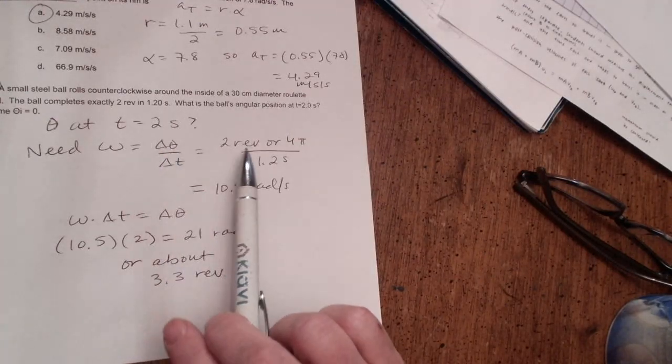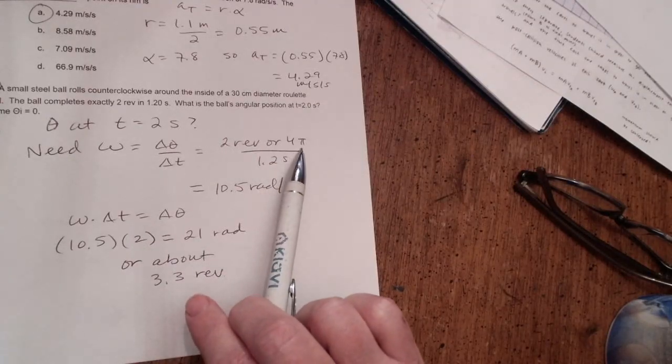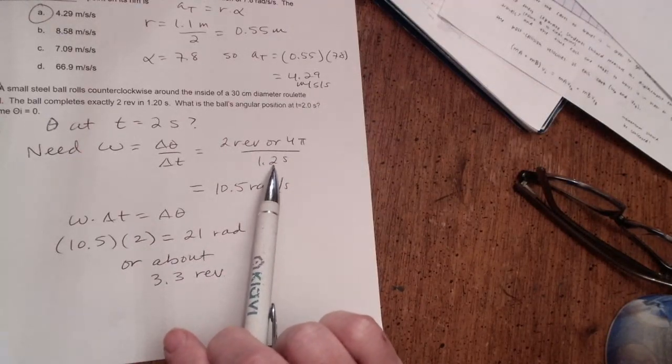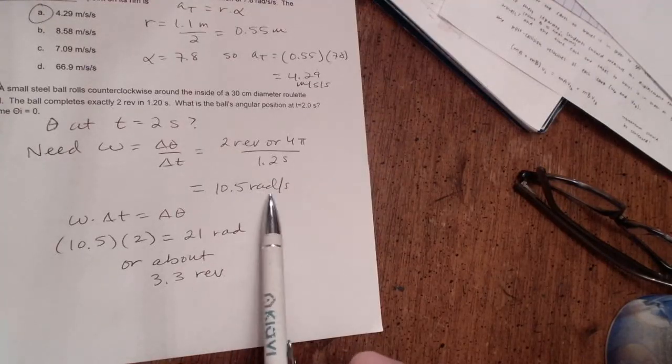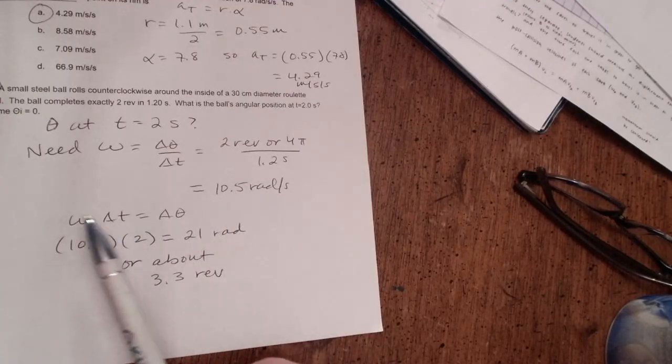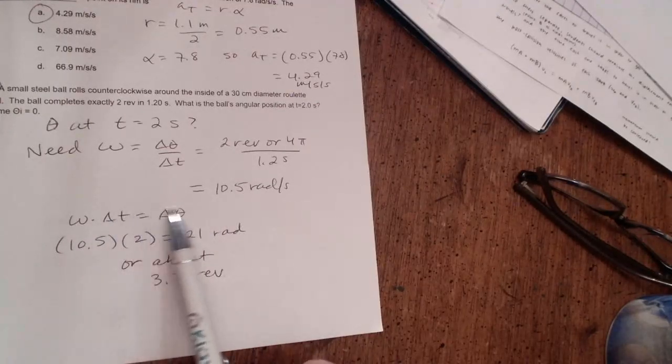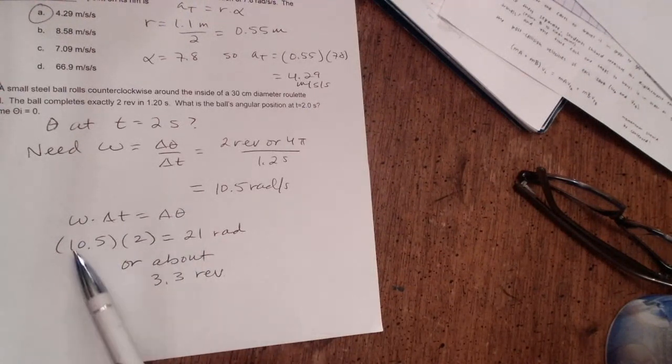So we're given 2 revolutions, which is 4 pi, per 1.2 seconds. Gives us an angular velocity of 10.5 radians per second. And then we can put that in to this equation. This is our constant velocity equation, just solved for displacement, because that's what we want.